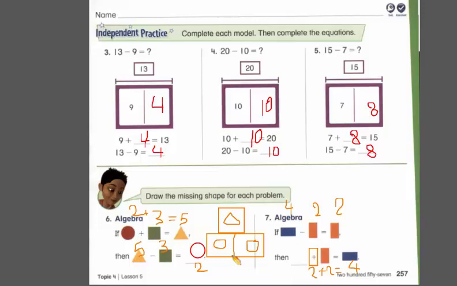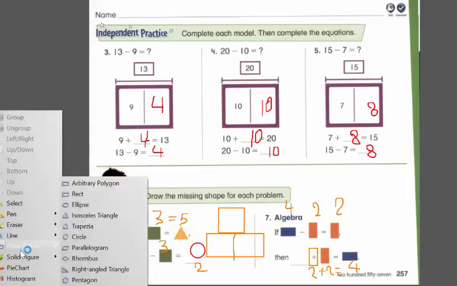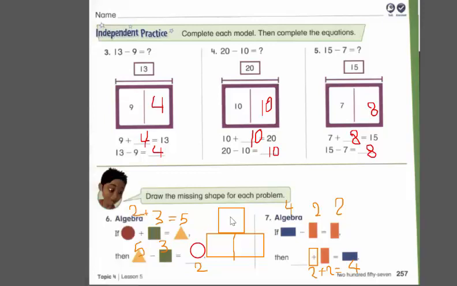Okay, here, let me just draw it properly. Again, as we said, the whole is the triangle.